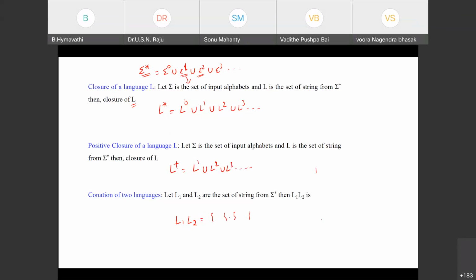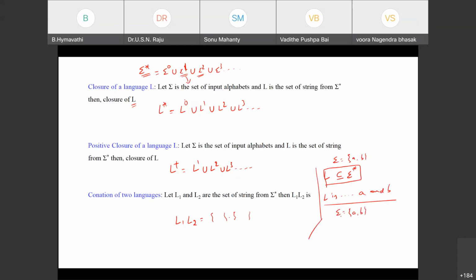And generally, how do you define a language? When sigma is {a, b}, then what is L? Do you remember, L is a subset of sigma star. So for example, L is a language where strings start with a and end with b, where sigma is {a, b}.